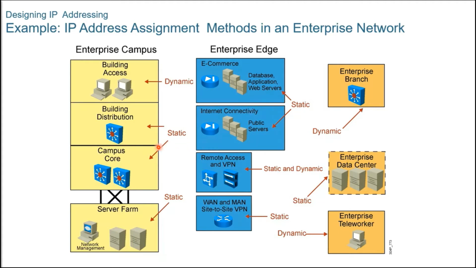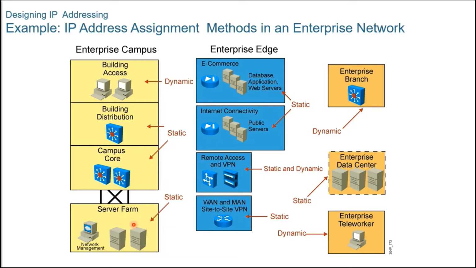Now, static addresses are required for systems such as servers or network devices, in which the IP address must be known at all times for connectivity, general access, or management. So whenever you assign an IP address to server or router interfaces or switches, for management purposes, it is better to do a static assignment on them.